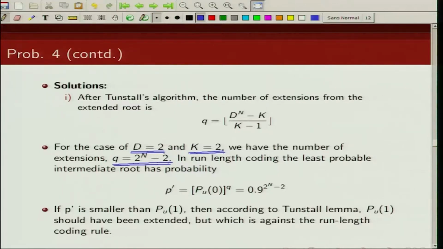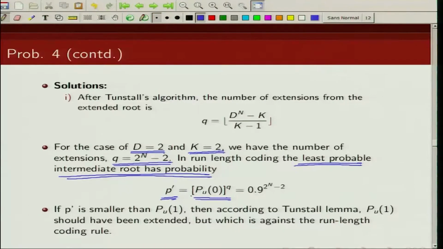So in run length coding, what are we doing? We are basically doing n runs of zeros followed by 1. So in run length coding, the least probable intermediate node will have probability p dash, given by the probability of 0 raised to the power q, because in run length coding we are having runs of zeros.